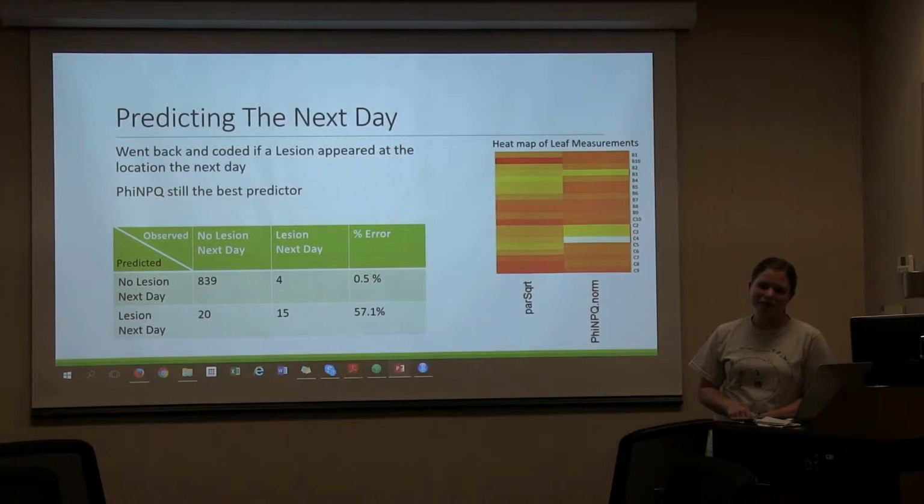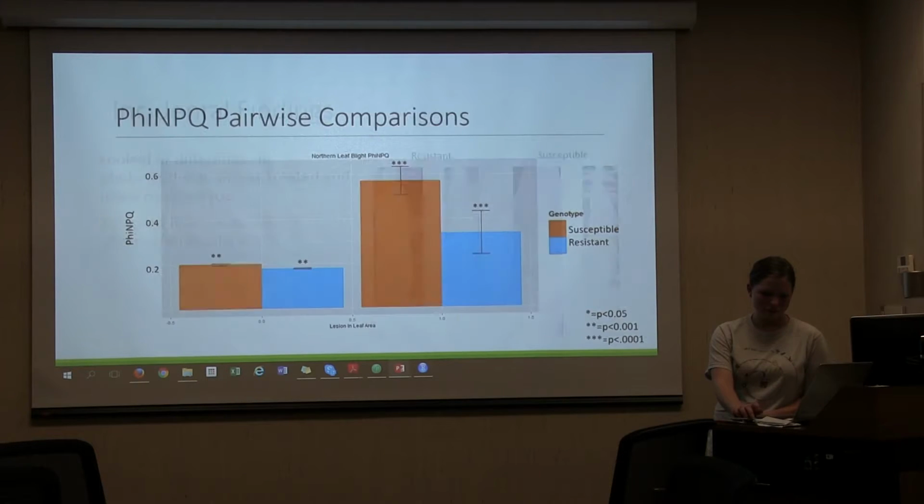Actually, on one of your last slides, you showed that the ones that are susceptible have higher PhotosynQ, if I remember correctly. Right, the ones that are susceptible have high PhotosynQ, whereas the resistant ones have lower. Mm-hmm. And you said that they have even increased photosynthetic activity. Yeah.